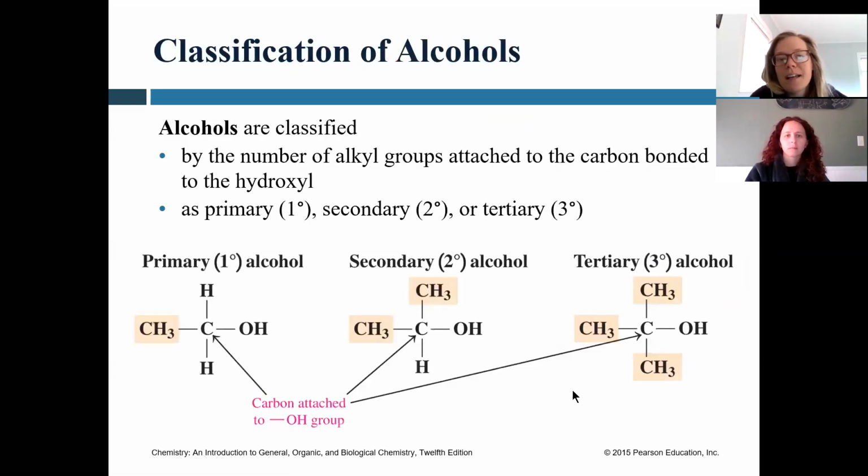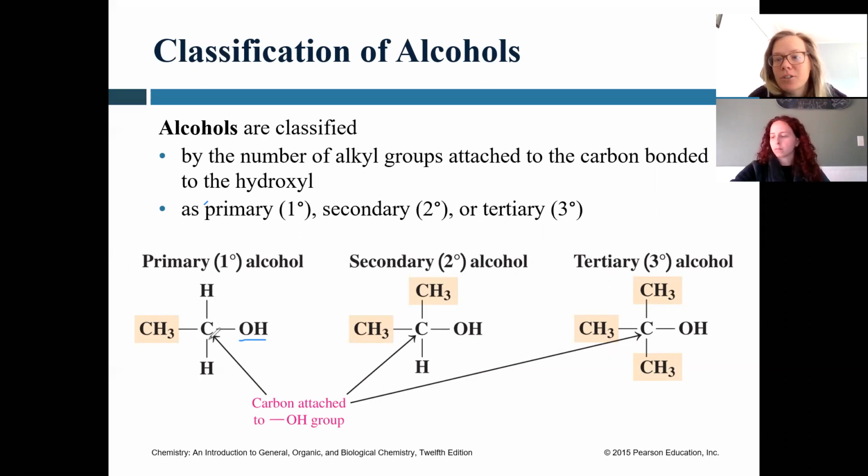So when we classify an alcohol, it's important to note how many alkyl groups are attached to the carbon bonded to the hydroxyl. Okay, what does that mean? So you want to find your alcohol, your OH, and go to the carbon it's attached to. All right, so this OH is attached to this carbon.